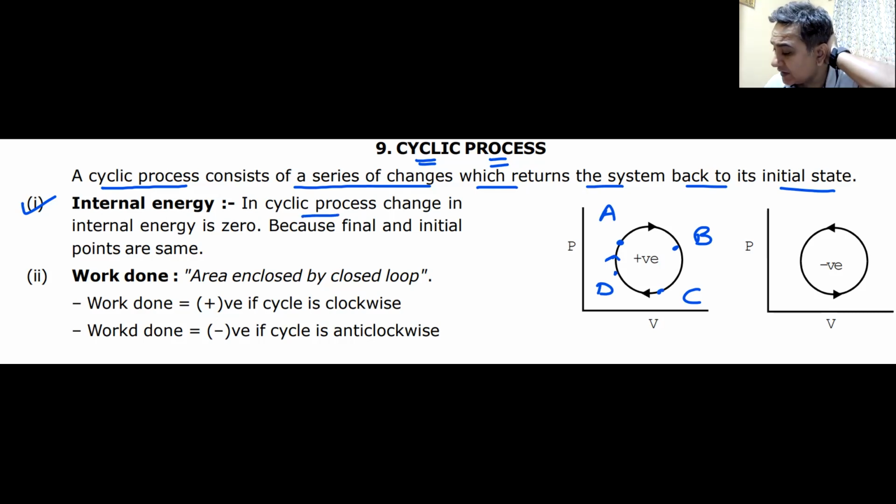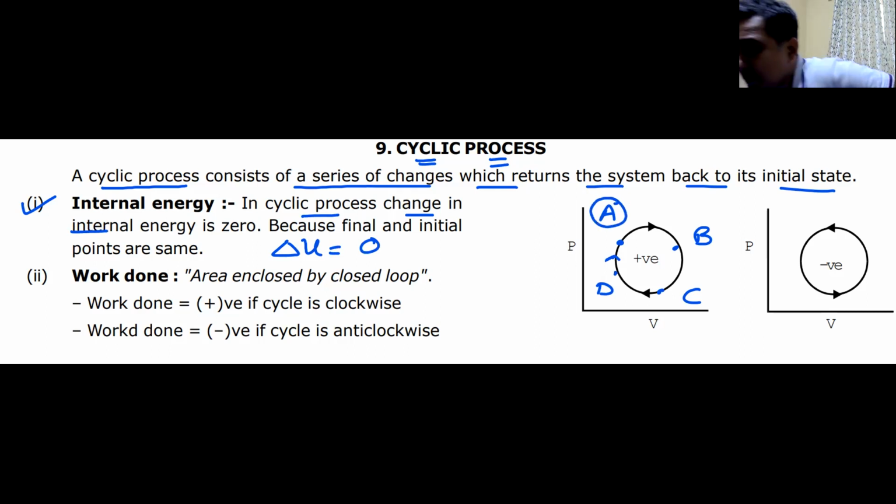In a cyclic process, the change in internal energy, or delta U, is zero. Why is delta U zero? Because I start at point A and I come back to the same point A. There is no change in temperature, there is no change in pressure, there is no change in volume because I have come back to the same point. Change in internal energy is zero.